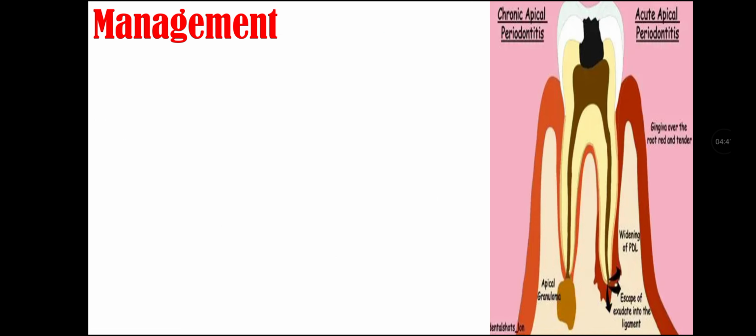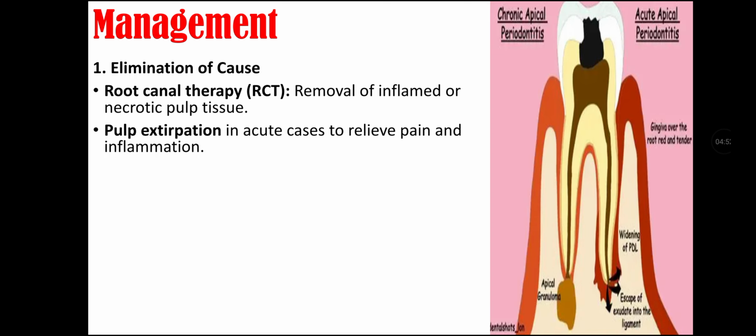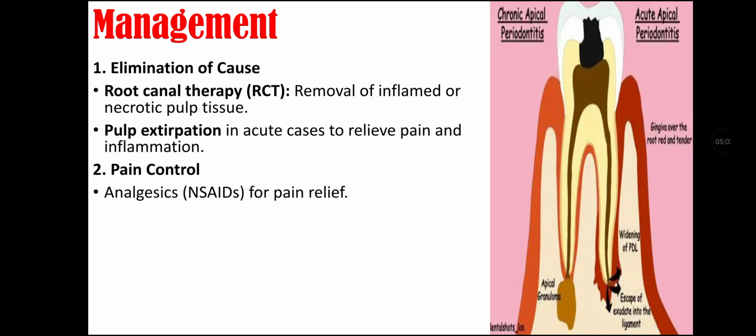Management of acute apical periodontitis. First we do elimination of cause, that may include root canal therapy for the removal of inflamed or necrotic pulp tissue, pulp extirpation in acute cases to relieve pain and inflammation. Second, for the management of acute apical periodontitis, we do pain control as the main symptom is pain.